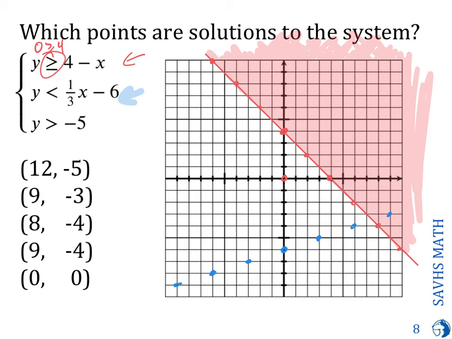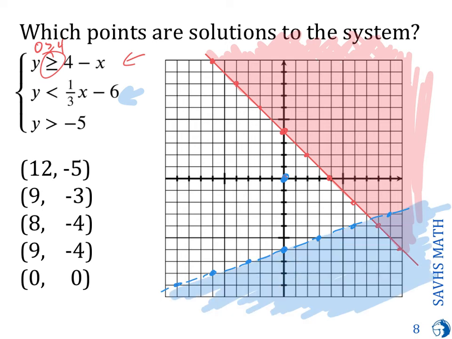This one is a dotted line. Which side am I going to shade? You can use your test point. 0 is less than -6. That's a false statement. So this spot right here is not in the graph, so I have to shade down here.